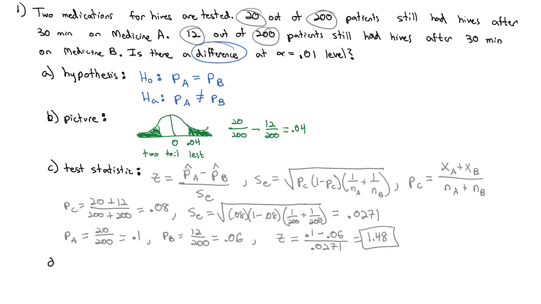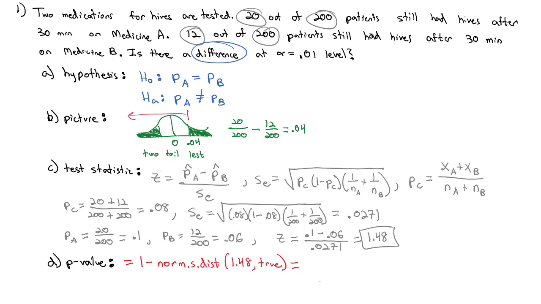Now that we know the test statistic, we're ready to calculate the p-value. And I want to notice for my p-value, looking back at my picture, we said because the difference was positive, we're actually in the right tail. But if I do the norm.dist, it's going to give me the left side. We don't want the left side. So for my p-value in Excel, we have to do 1 minus the norm.s.dist command with the 1.48 and true, and that'll give me the right tail.